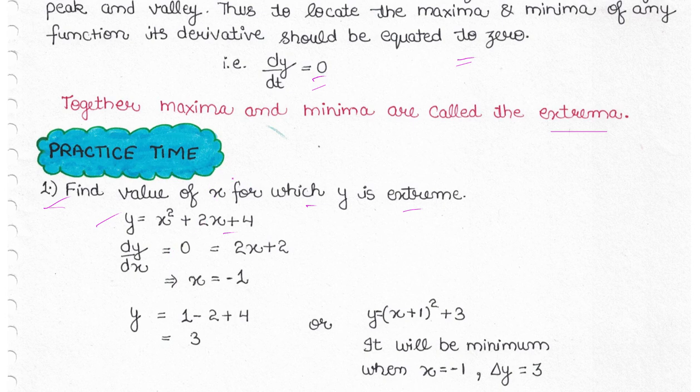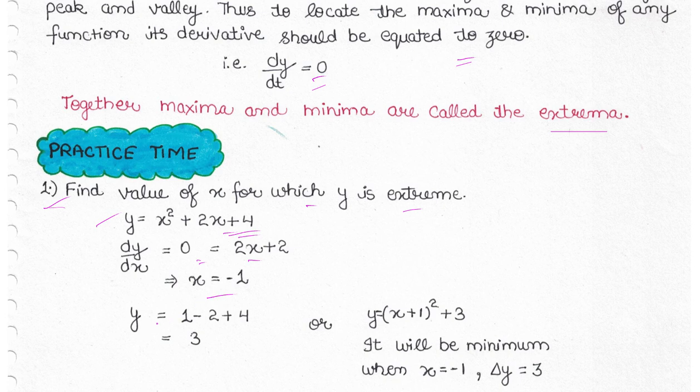As we already see, at the maxima and minima point, its first derivative should be 0. So dy/dx is equal to 0, or dy/dx is equal to 2x plus 2, which is the differentiation of this function, and here we can find x is equal to minus 1.